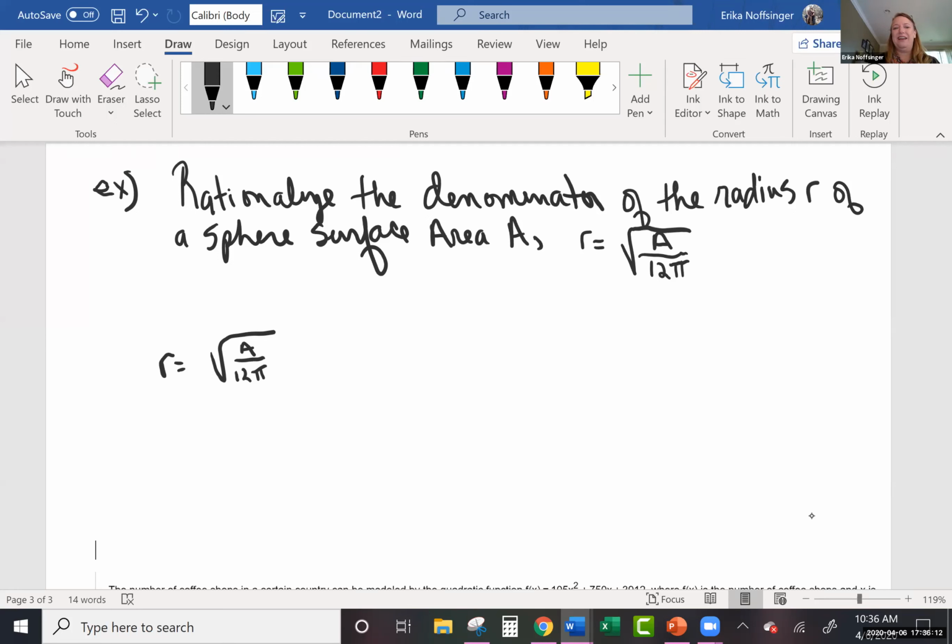So basically ignore all this except for rationalize the denominator. And here that tells me rationalize the denominator. That just means I need to get rid of the radical in the denominator.